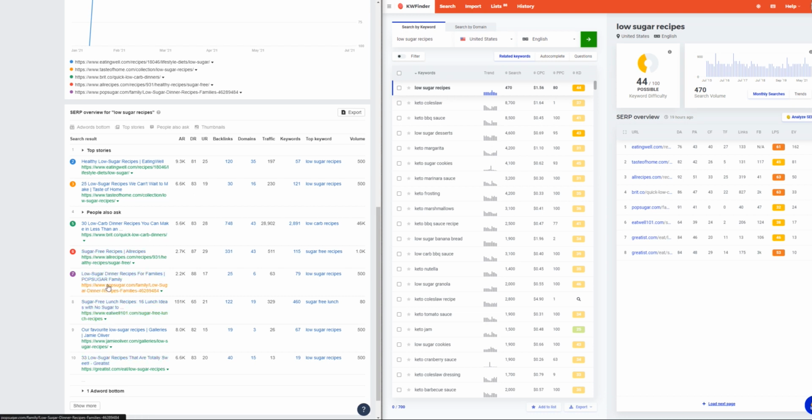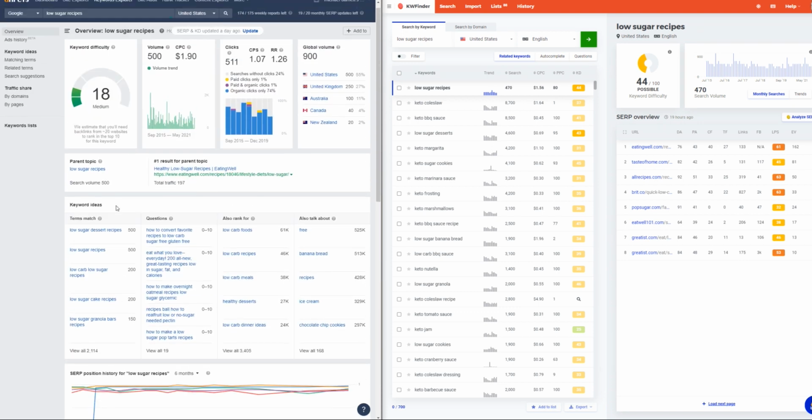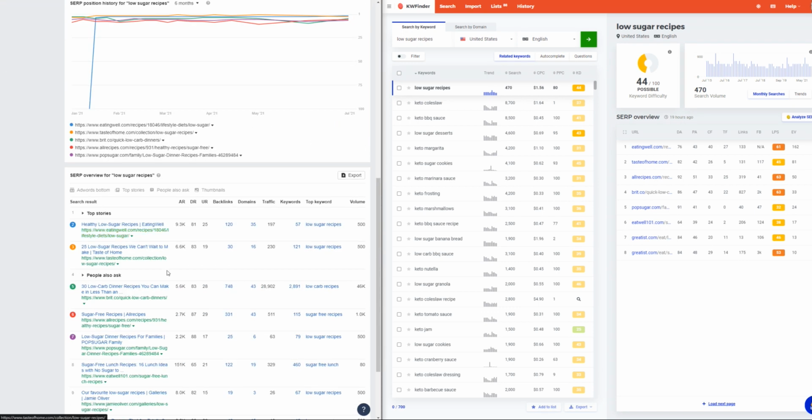So it's the same as on the other tool, that we have a lot of sugar-free things in here when we search for low sugar.